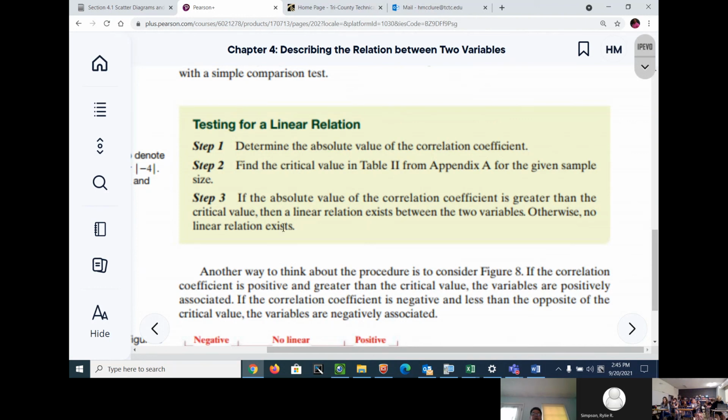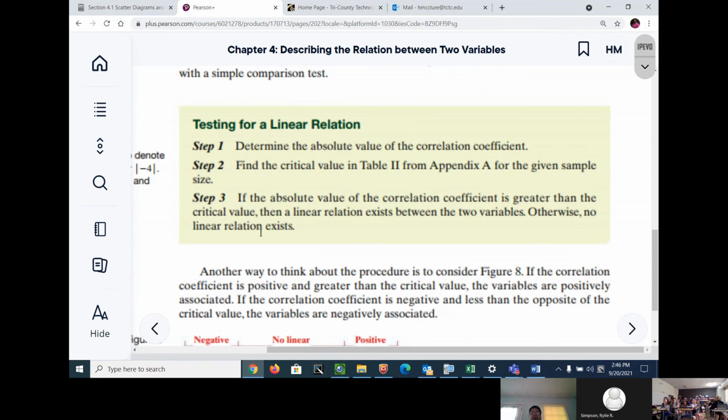Otherwise, no linear relation exists. So if you write anything down on this page, make sure you write down step 3. The absolute value of your calculated R, if it's greater than the critical value, which is the table correlation coefficient, then a pattern exists, a relationship exists, correlation.